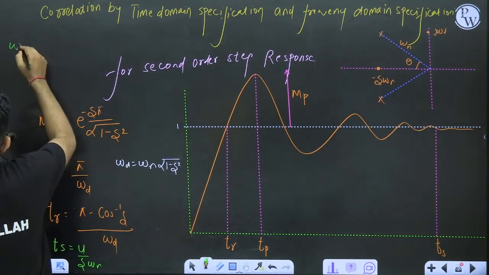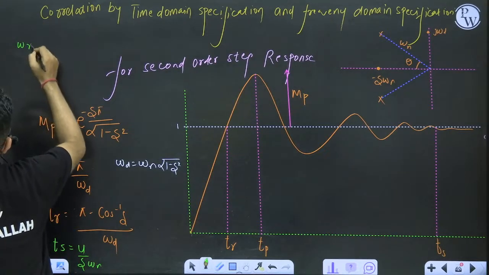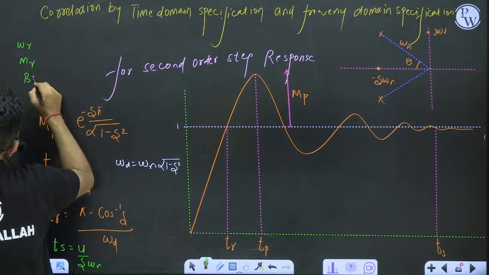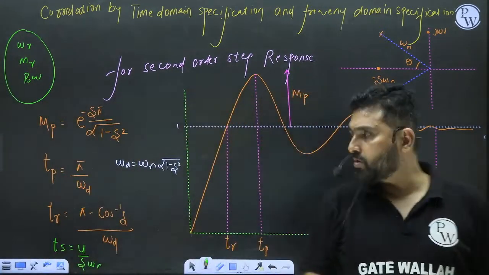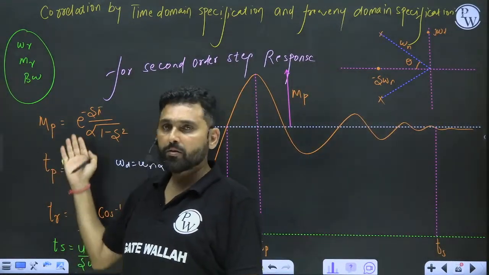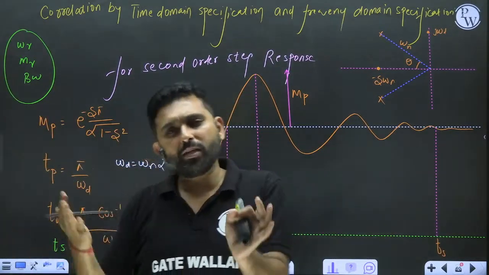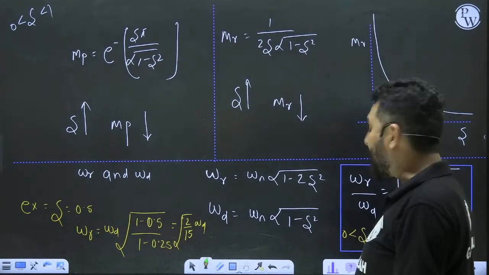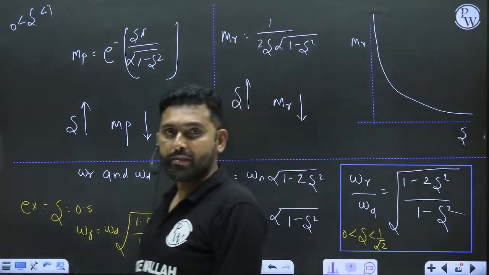And we know omega D, omega R, MR, and bandwidth in terms of zeta. So you just have to remember all these formulas, and whatever relationship is given, you just have to manipulate it. Otherwise, how many formulas can you remember? Can you imagine? We cannot remember omega R with omega D. These kinds of formulas are very confusing.